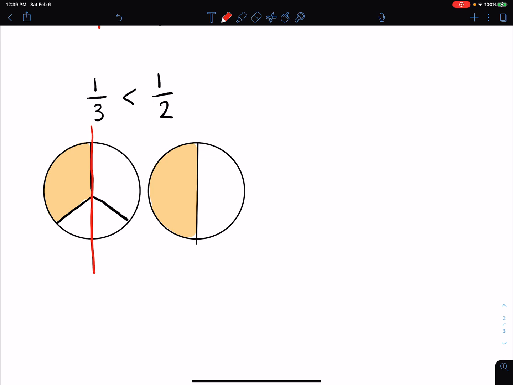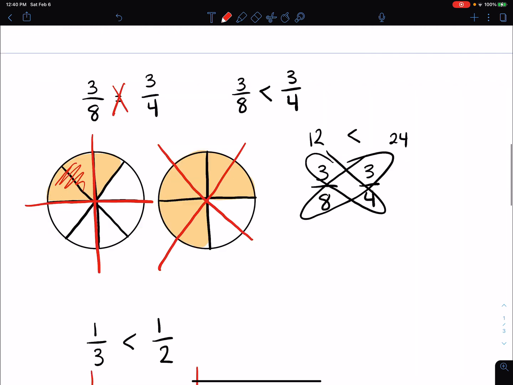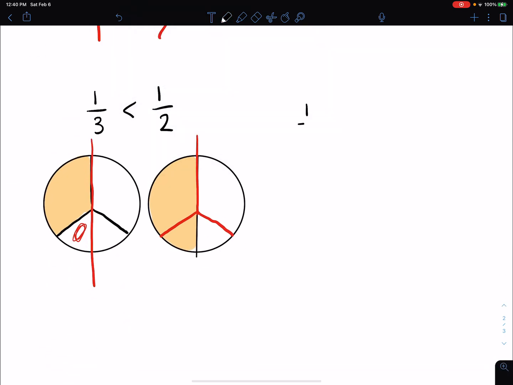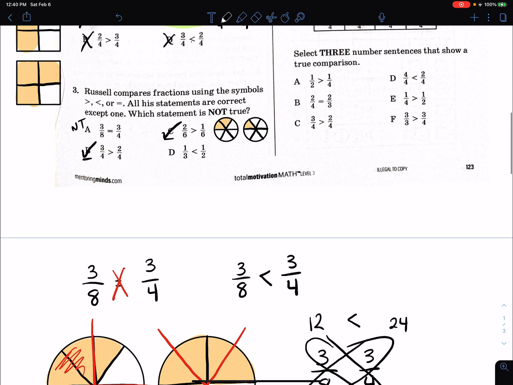And I'm going to take this 1/2 and cut it into thirds and just see. So I can see, looking at this 1/3, this section over here is not shaded to give me a half. So this statement is correct. You could check that by taking 1/3, 1/2, and cross multiplying to give you 3 and 2, and 2 is less than 3. So this one is correct.